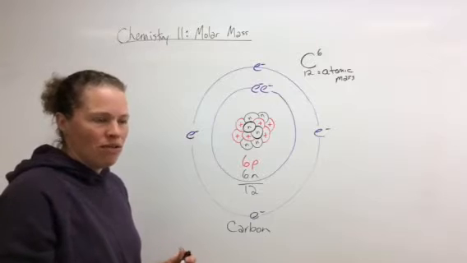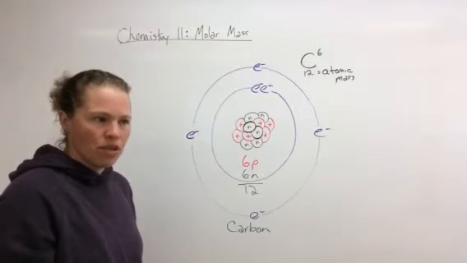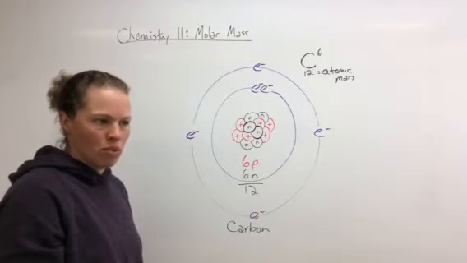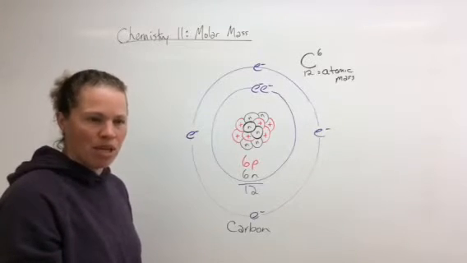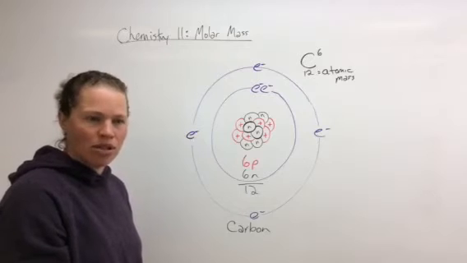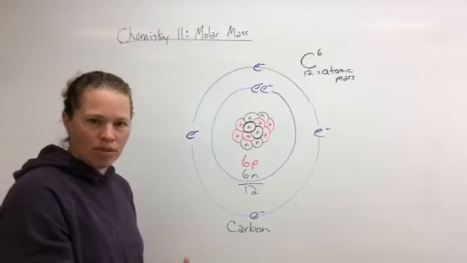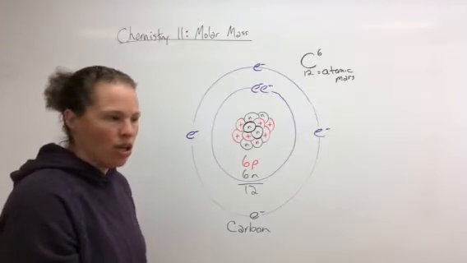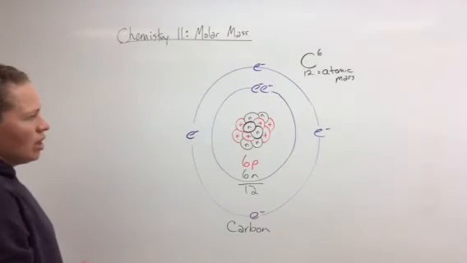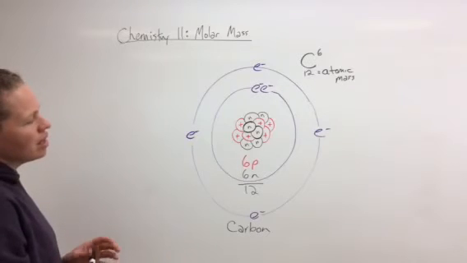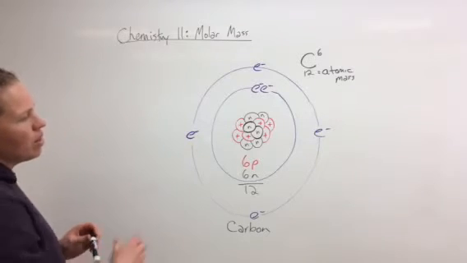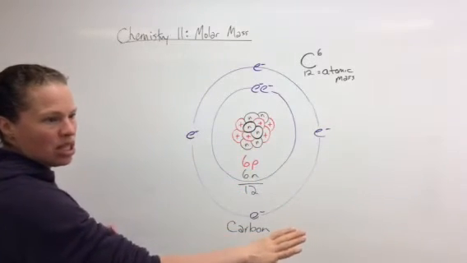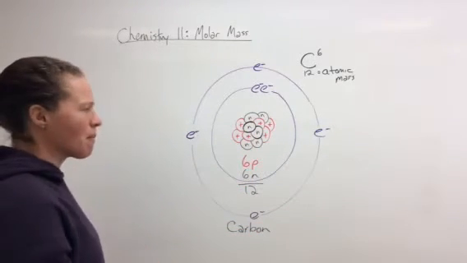So if each of the little particles is worth the same amount, then I should be able to weigh out the atomic mass in grams and have the same number of particles of carbon for 12 grams as I do for oxygen for 16 grams. So it's basically multiplying the base unit by a mole, and that gets me to 12 grams.